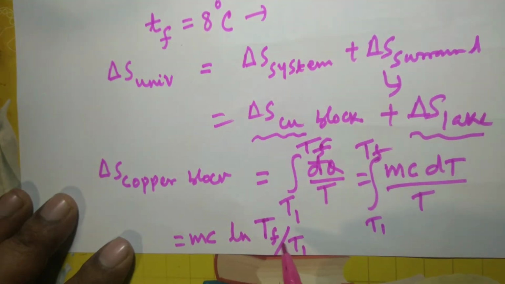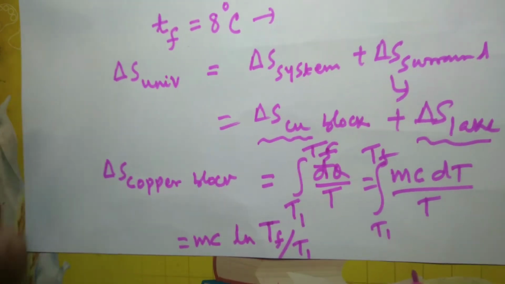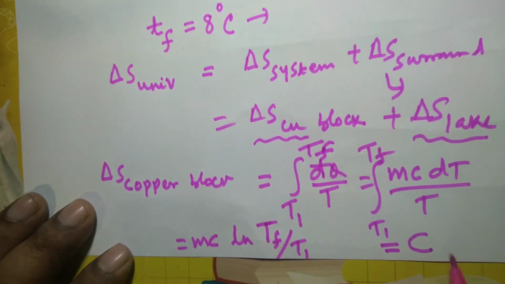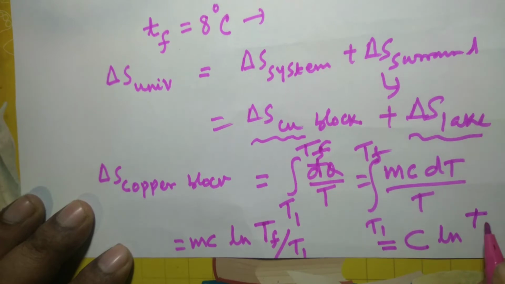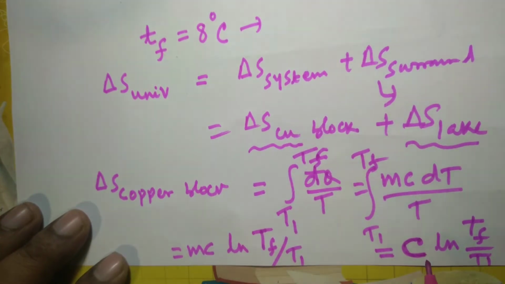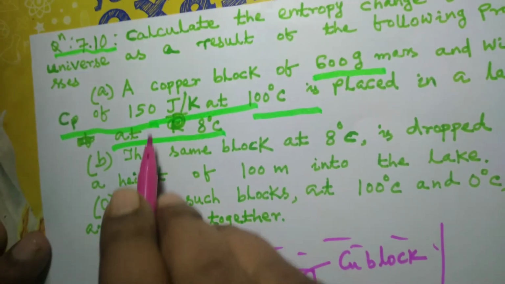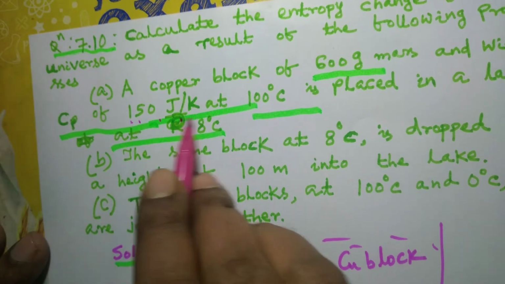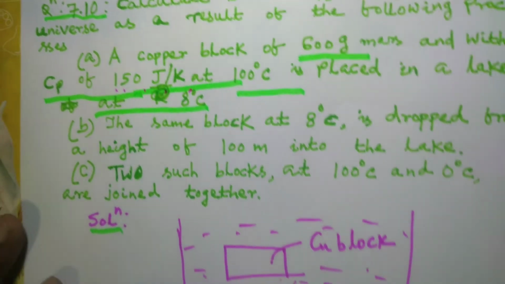Of course, Tf is to be expressed in terms of Kelvin, and T1 is the initial temperature of the copper block in terms of Kelvin. Product of mass and small c, that is specific heat, is already equal to C ln Tf upon T1. Capital C is given and it is 150 joule per Kelvin. That is given in this question. 150 joule per Kelvin is the heat capacity of the copper block.